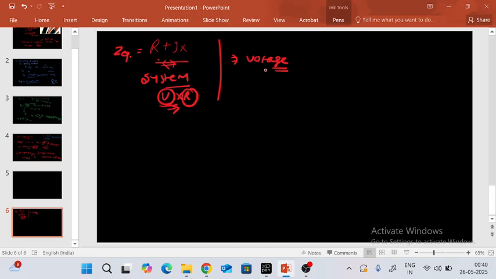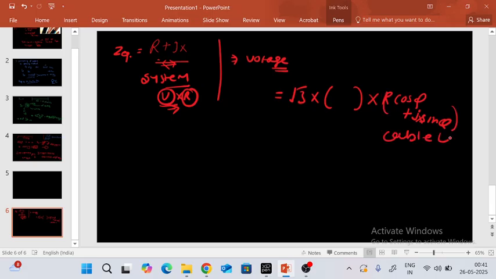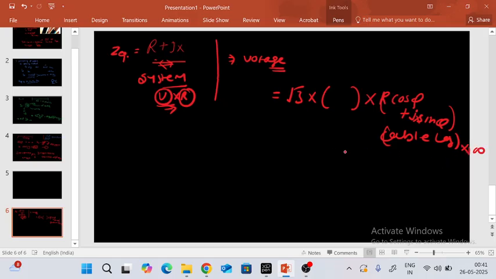There is a particular formula that equals root 3 into the current rating into (R cos phi plus jX sin phi) into the cable length, and further multiplied by 100, and this whole expression is divided by the line voltage, the number of parallel runs, into 1000.